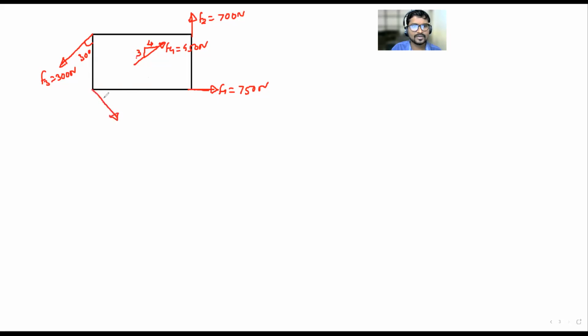This is another one with an angle, say 30 degrees to the horizontal. F5, how much do you want to have? 200 newtons. And what we have to do? We have to find the resultant of this force system, and the direction of this resultant is alpha, and R we want to calculate.